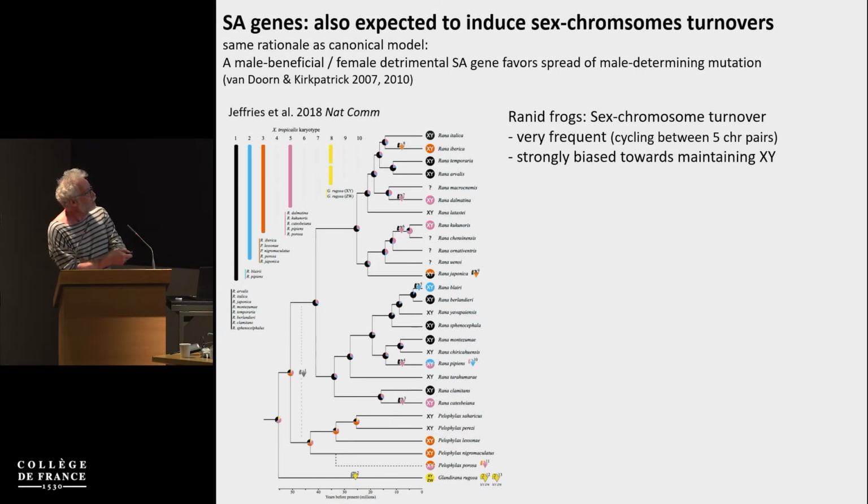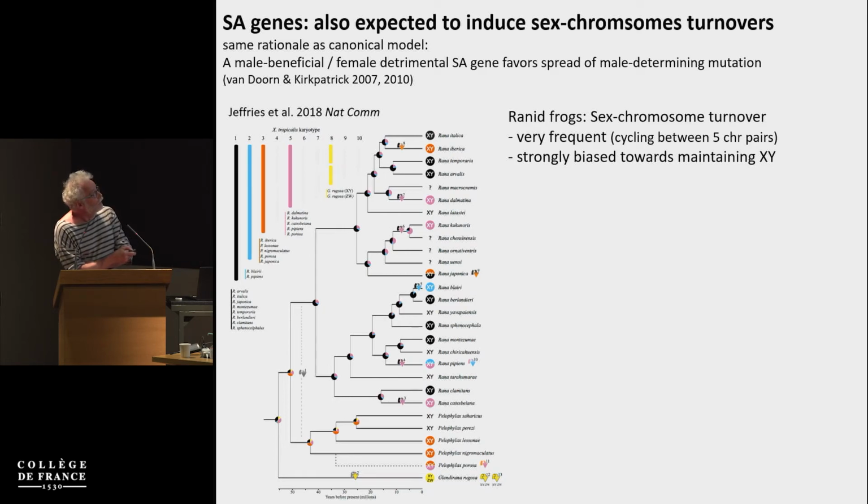We had some species, for instance, where some populations use chromosome 3, and other populations use chromosome 1. And the same here, some populations with chromosome 2 and others with chromosome 3, and so on.